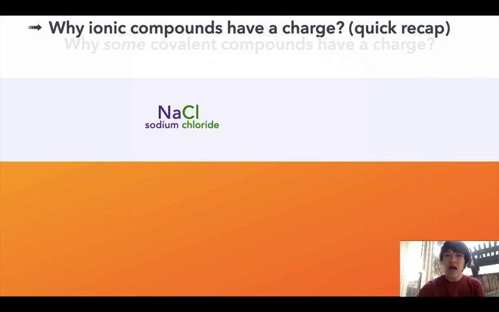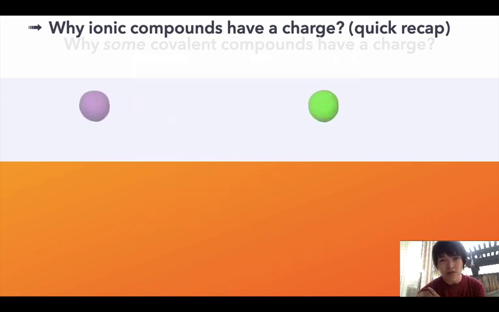In short, ionic compounds are made of charged ions. I'll give you a short recap on why, and then we'll discuss the other type of compounds, covalent compounds, later. For our ionic compound example, we'll look at NaCl again. Why does table salt have a charge? It starts out with a neutral sodium atom and a neutral chlorine atom.